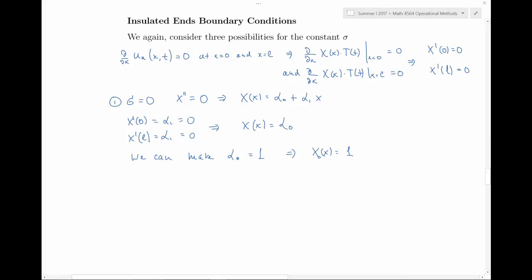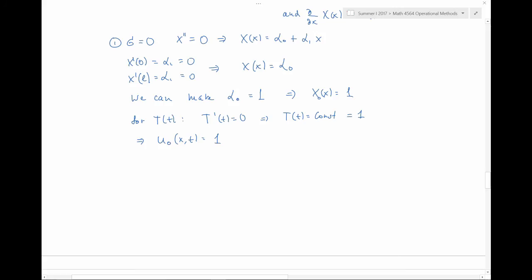In this case, the differential equation for T reads T prime equals 0. Therefore, T itself is a constant. And again, we can make this constant to be 1, which leads to u naught of x and t being just a constant 1. The second case is the case when sigma is less than 0.